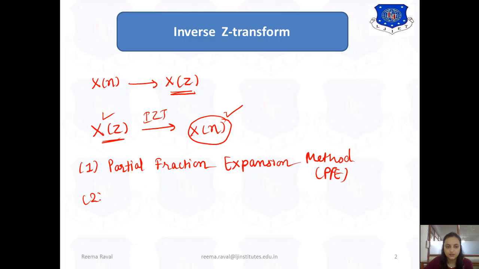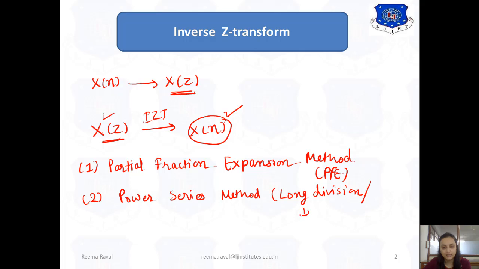And the second is power series method, which is also called as long division method, or as direct method or simple method. Okay, so sometimes it is also referred to as the long division method or simple method or direct method of finding inverse Z transform. In today's session we are going to see the first, partial fraction method, PFE method.